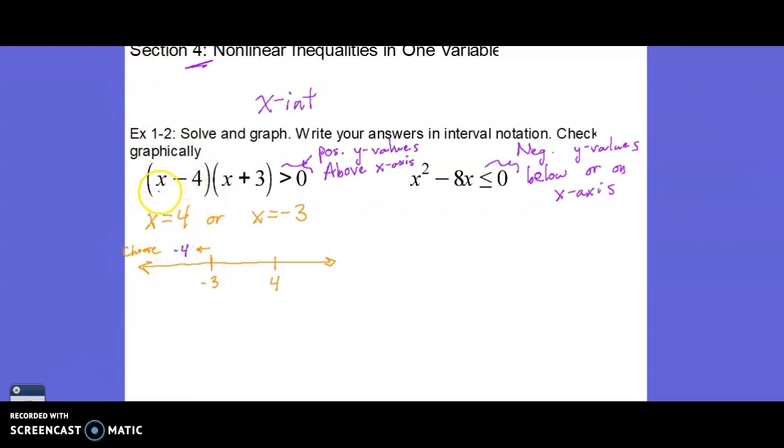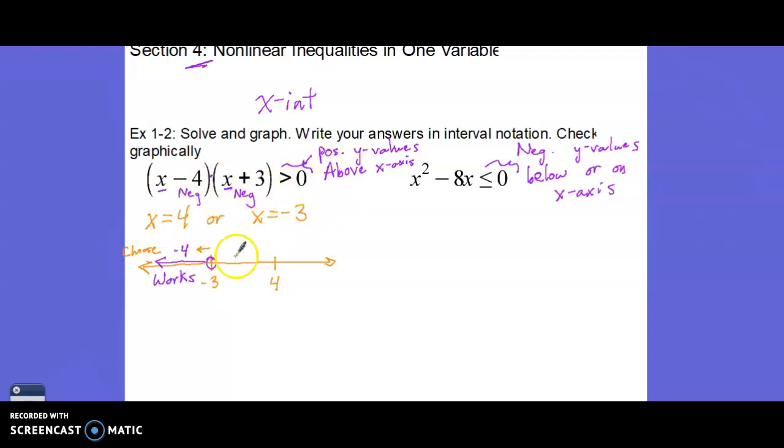Well, if you put negative 4 in for this x and this x, negative 4 minus 4 gives me a negative 8. And negative 4 plus 3 gives me a negative 1. And what happens if I do a negative times a negative? I get a positive. So this section of the graph works because it's true that a negative times a negative is positive.